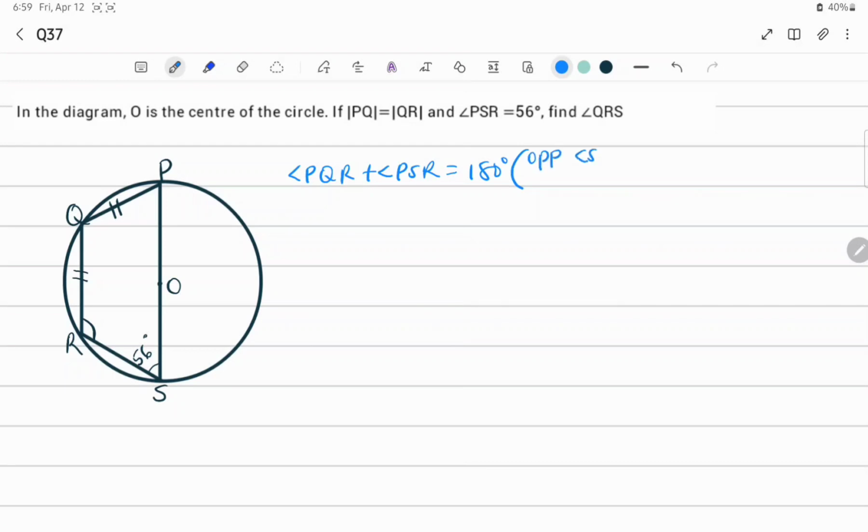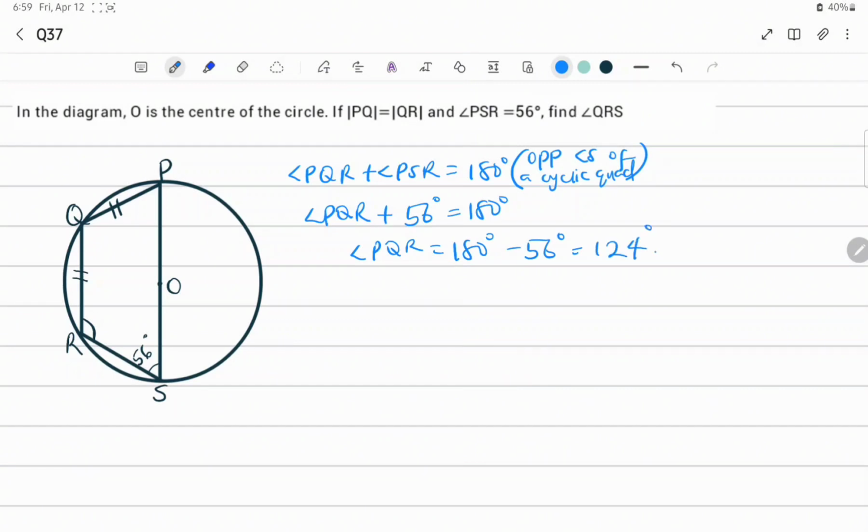So that means PQR plus 56 degrees equals 180 degrees. That means PQR is 180 degrees minus 56 degrees, and that will give me 124 degrees.